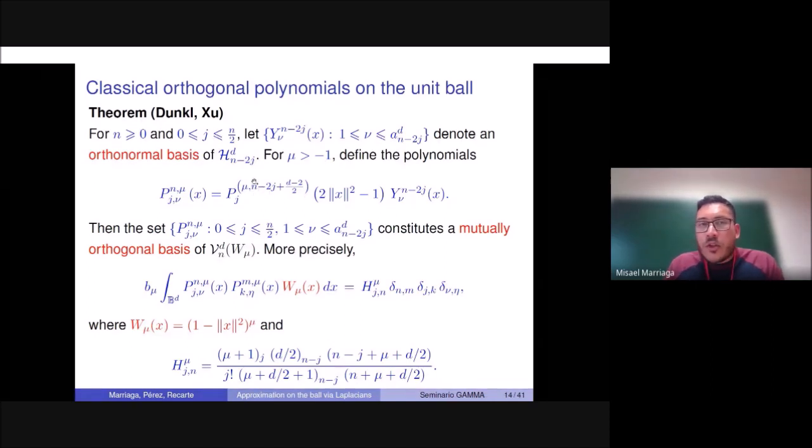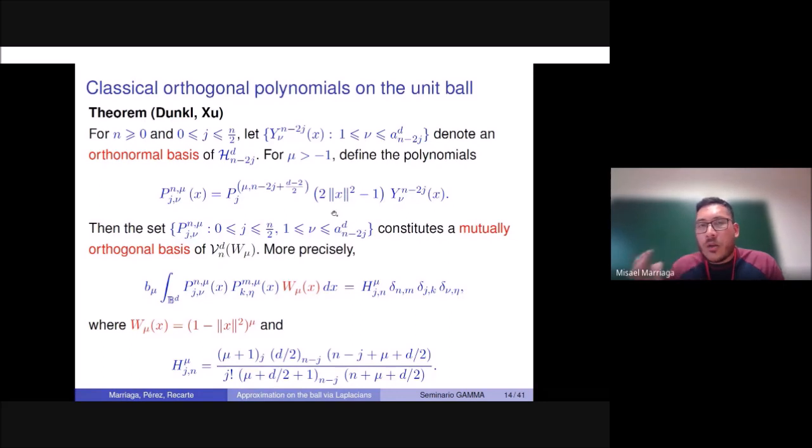It depends on the total degree of the polynomial and on the degree of the Jacobi polynomial that appears over here. Also, this part over here makes this Jacobi polynomial orthogonal on the interval 0, 1. And it also makes this a radial function. It only depends on the norm of x.